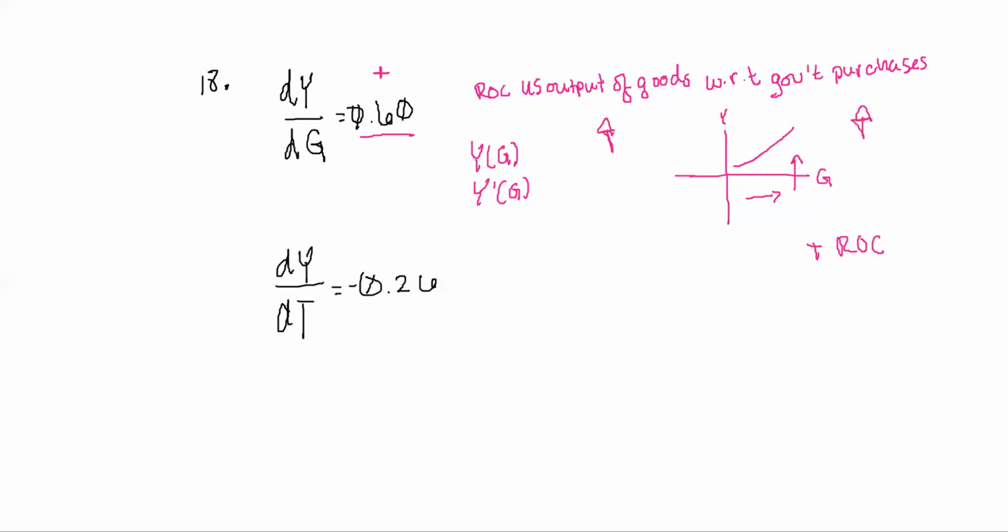Okay. Does somebody want to explain the next one to me? The rate of change will be the U.S. output of goods with respect to the U.S. tax revenues.